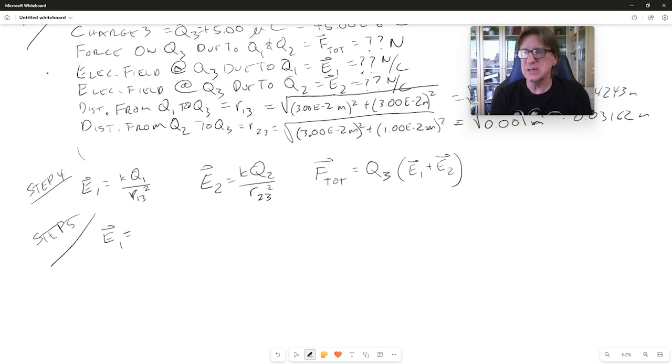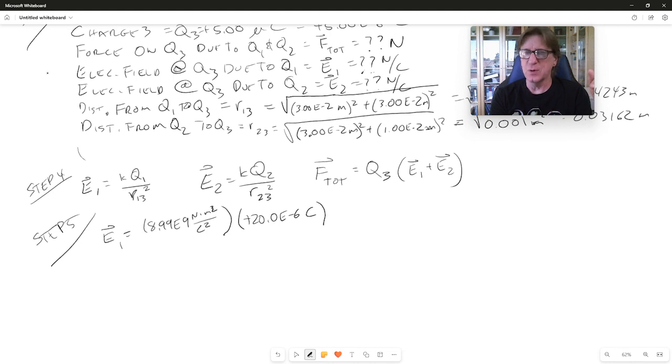So we do in this case, so we're going to go ahead. I have 8.99 times 10 to the 9 newton meters squared per coulomb squared. Put your units in here so that we can make sure that we're getting units of newtons per coulomb by the time we're done. Then I'm going to multiply by Q1, which is positive 20.0 E minus 6 coulombs.